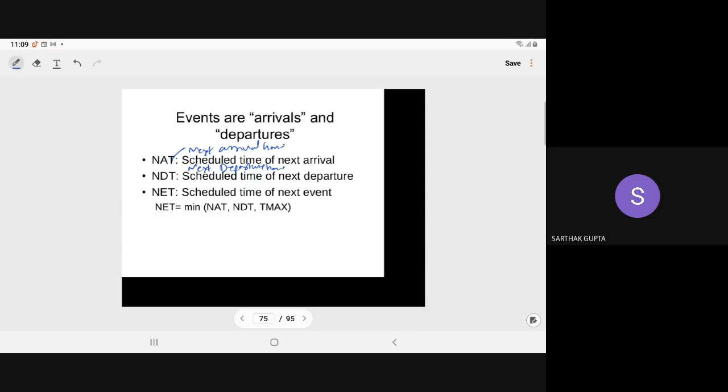Tmax means the end of the simulation time, and at the Tmax we have to stop the simulation. So in a queuing system, the next event can be either the end of the simulation due to the Tmax, or the arrival due to the NAT, or the departure due to the NDT.